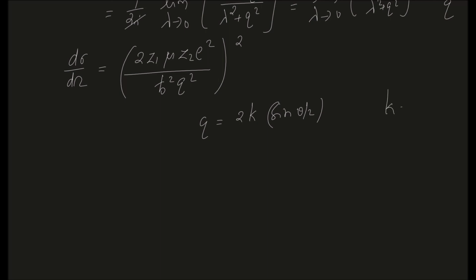And k square was 2 mu E by h cross square.